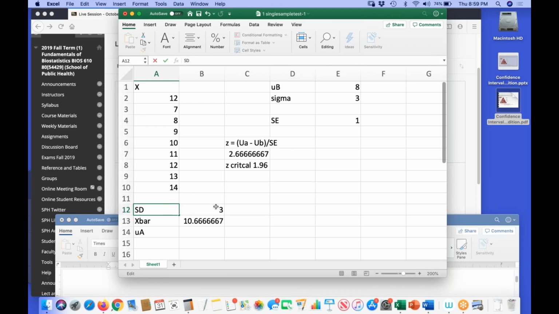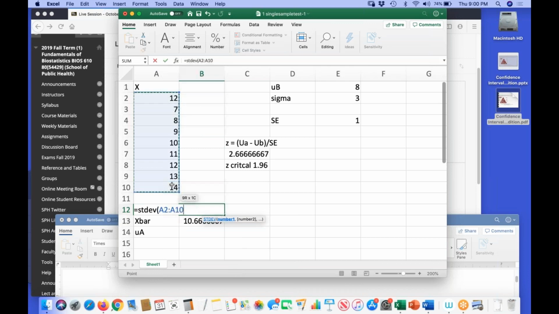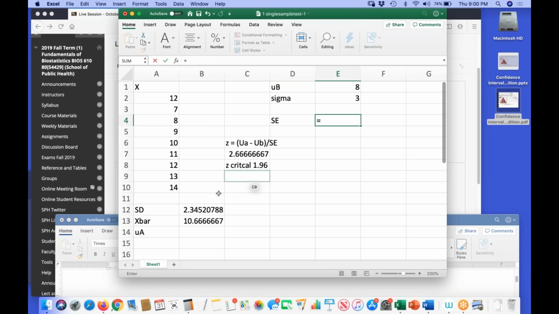I've got to calculate it, equals STDEV parentheses, and I'm going to take all of these over here, and the standard deviation is 2.34, right? So now, what is my standard error? My standard error is my standard deviation divided by the square root of the sample size, which is 3, comes out to be 0.78 this time. Okay, that's just how the numbers fell.